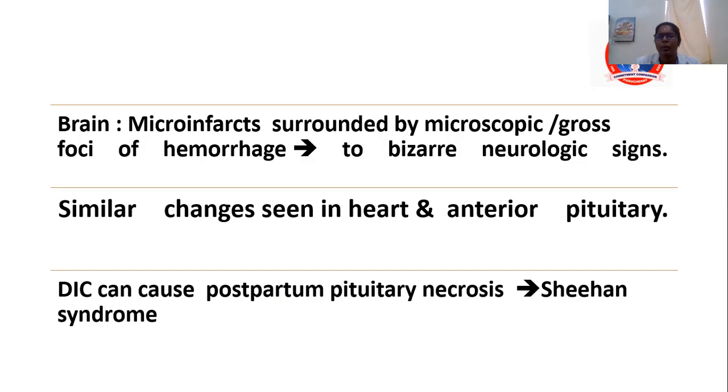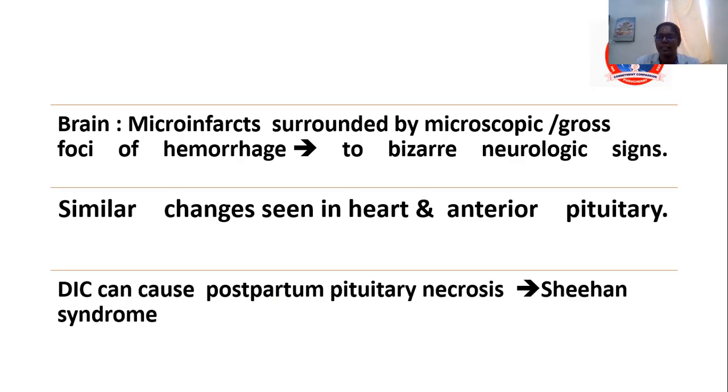Again, the same microinfarcts will be occluding the brain, and it may cause ischemic injuries in the brain. And these microinfarcts will be surrounded by hemorrhage, both microscopically and grossly we can see the hemorrhages around the microinfarct. Similar changes are seen in the anterior pituitary, heart, everywhere.